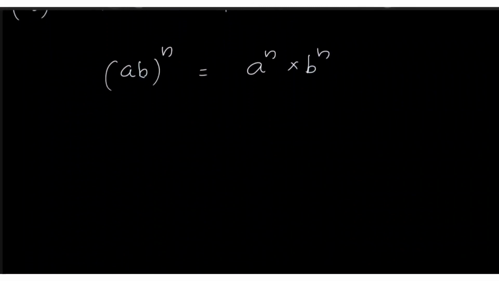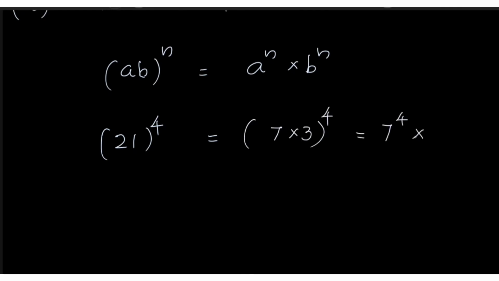That is known as the power of a product. In the case of big numbers we have to calculate, we can simplify this as a product, that is 7 into 3 raised to 4, which is equal to 7 raised to 4 into 3 raised to 4. This is the simplest way of multiplication.